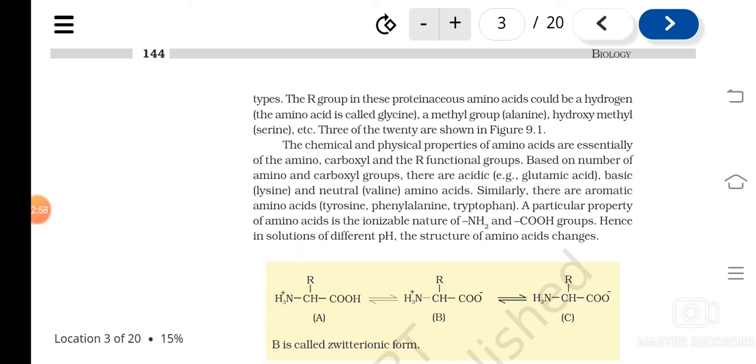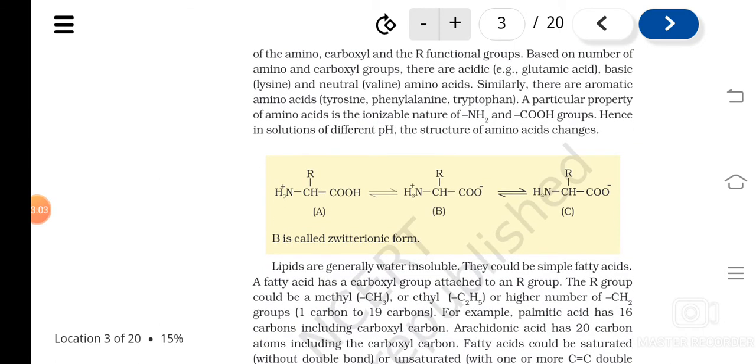neutral amino acids. Clear? And there are aromatic amino acids when aromatic compounds are substituted in their valencies. Understood? Another important feature I have explained to you is the ionizable nature of the NH2 group and COOH group. Due to this, in solutions of different pH, the structure of amino acids varies, and it can exist as a zwitterion.